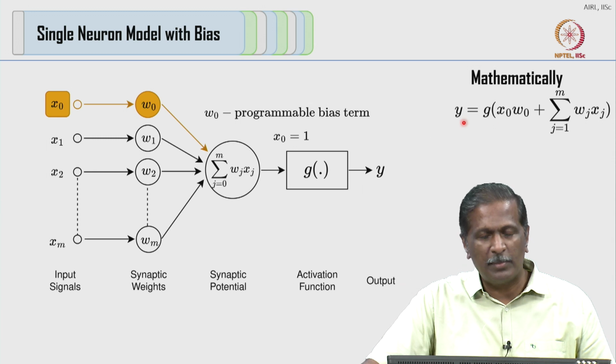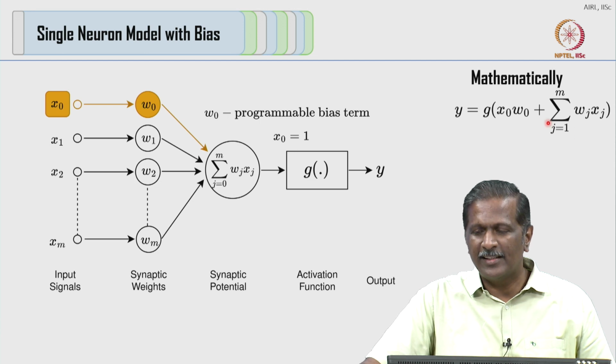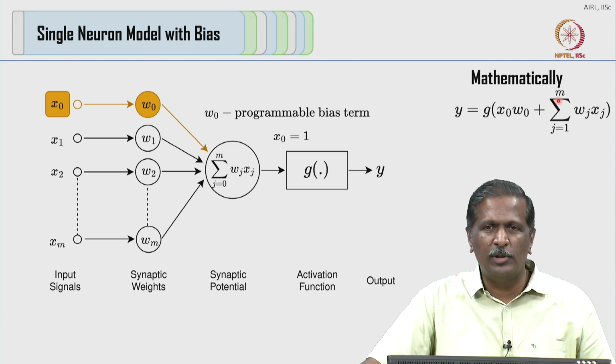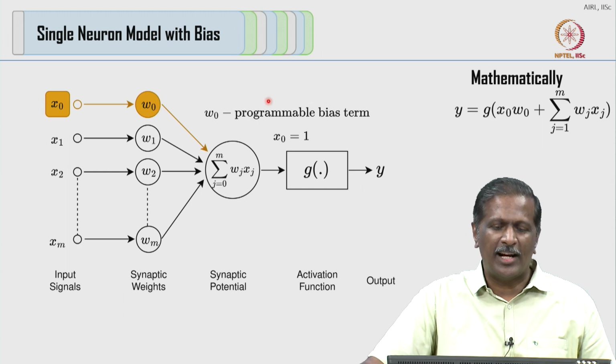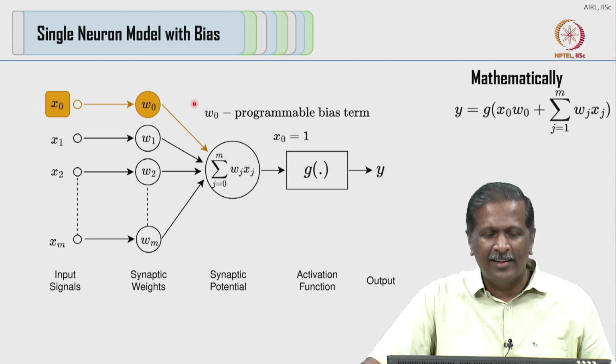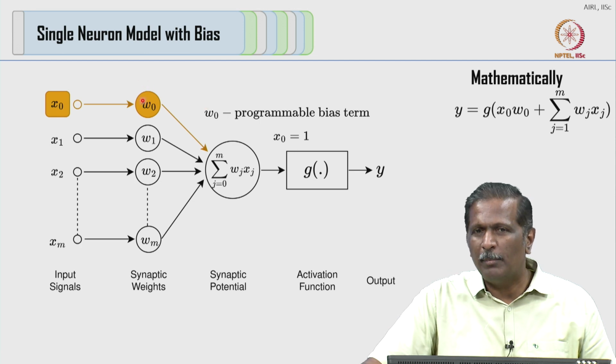Mathematically, y is a function of W0 X0 plus the signals coming from all the dendrites, Wj Xj. What is this W0? It is a programmable bias term. Assuming that X0 is equal to 1, you can keep on changing the bias.